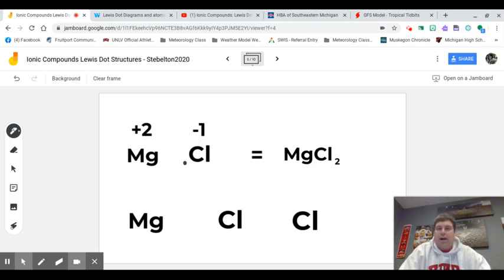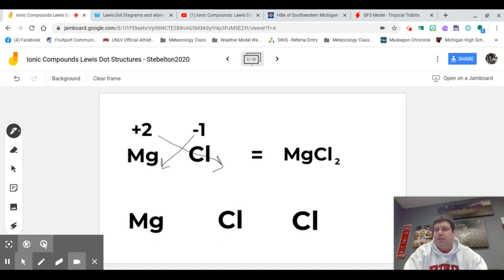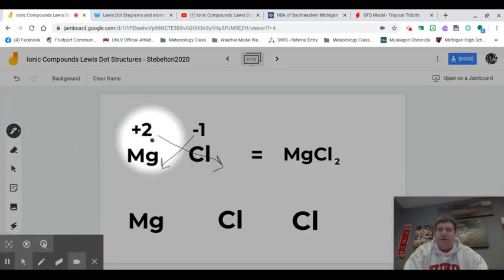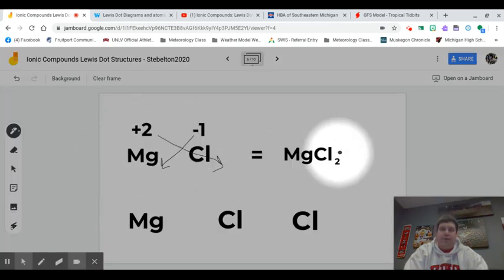Those are going to cross just like we did in chemistry A. With the old crisscross method, this charge becomes the subscript. And remember, you don't ever write a 1 for a subscript. So with these crosses, the compound that forms is MgCl2, where this subscript comes from this charge right here.